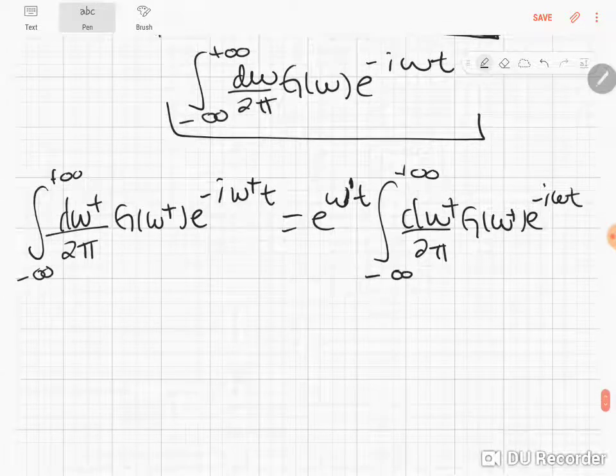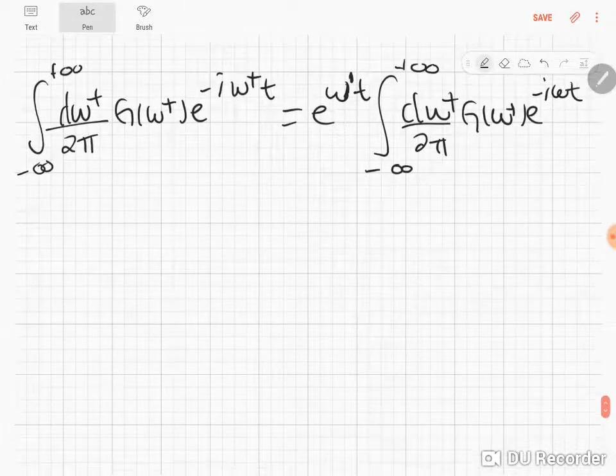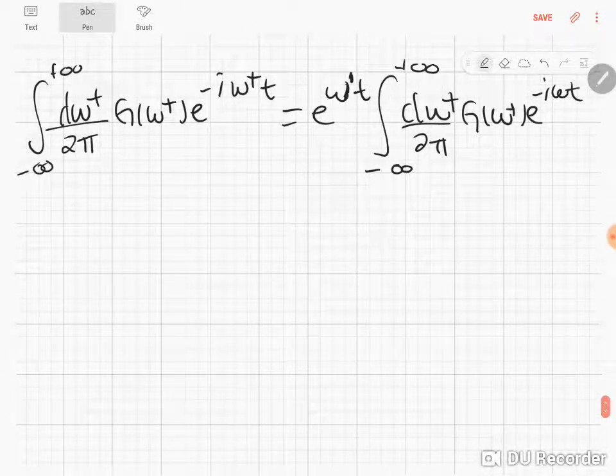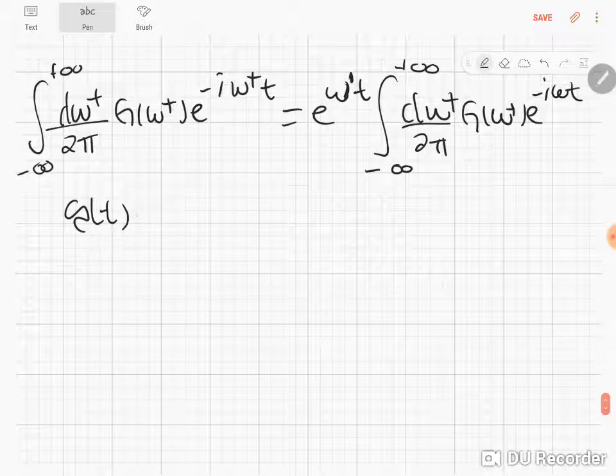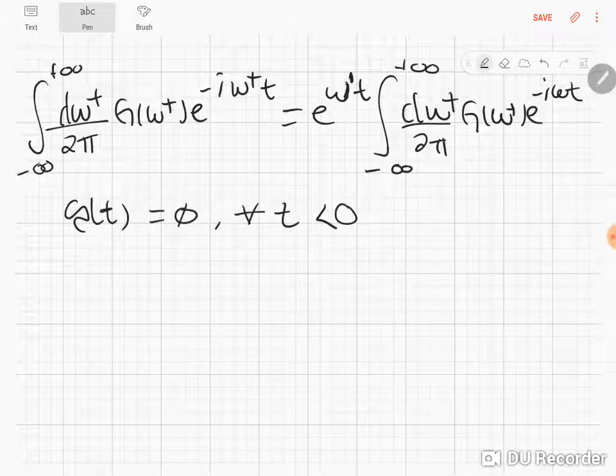Okay, so now this is the messy part, so just pay attention. Remember that we're going to impose that g of t is 0 for all t less than 0. That means that when t is less than 0, what we better have is that this factor here tends to 0.